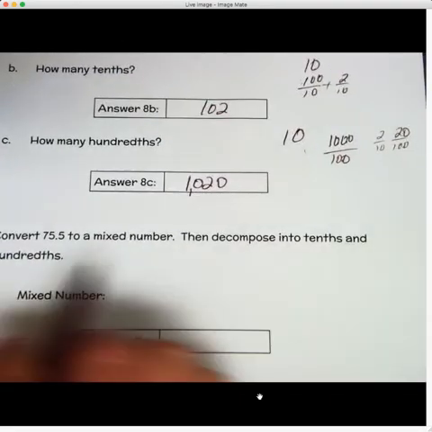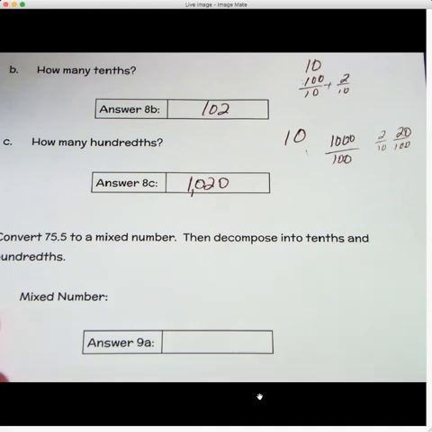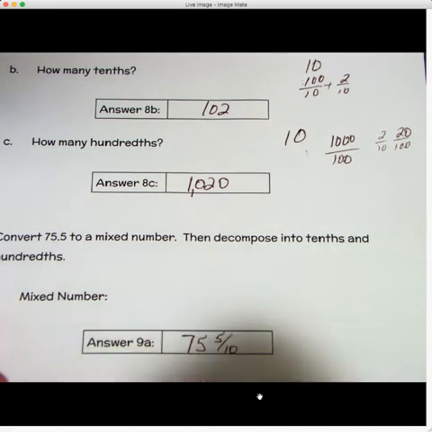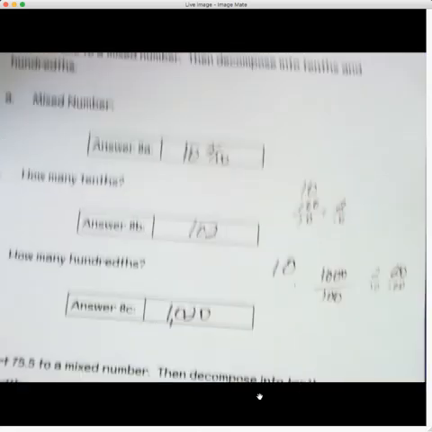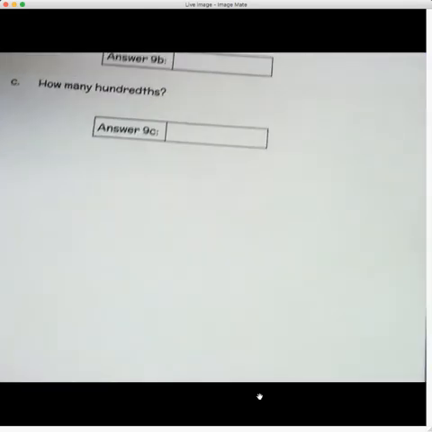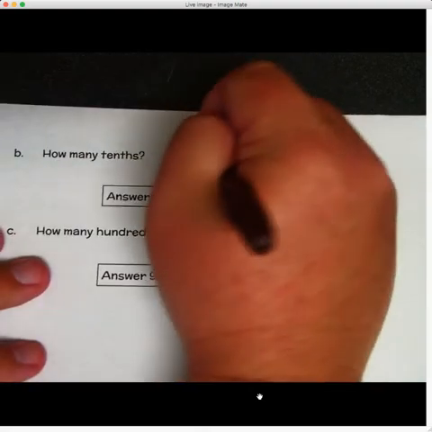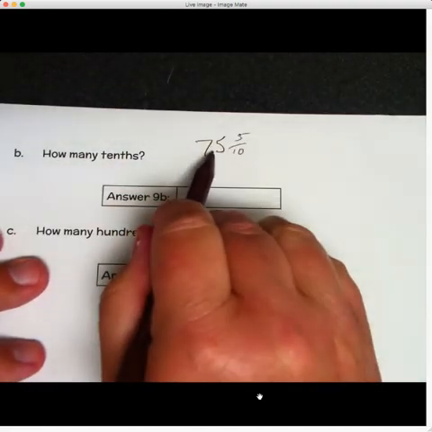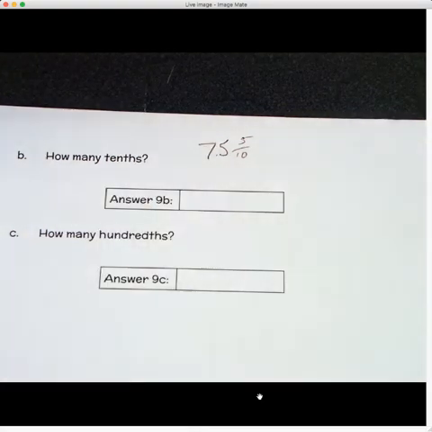Okay, 75 and 5/10 is a mixed number. It looks like 75 and 5/10. How many tenths is that? If I wanted to do 75 tenths, as ones, I'd have to do 10 tenths, 10 tenths, 10 tenths, 10 tenths.